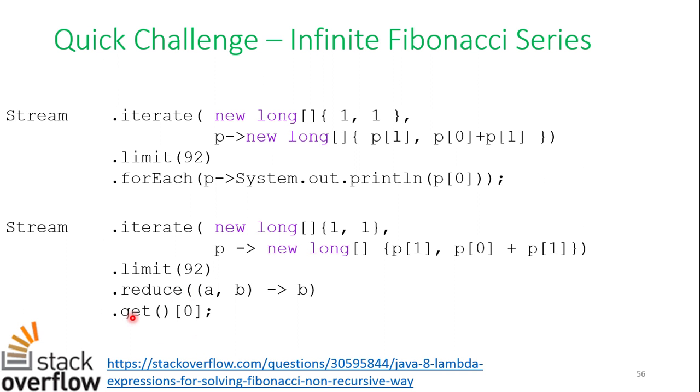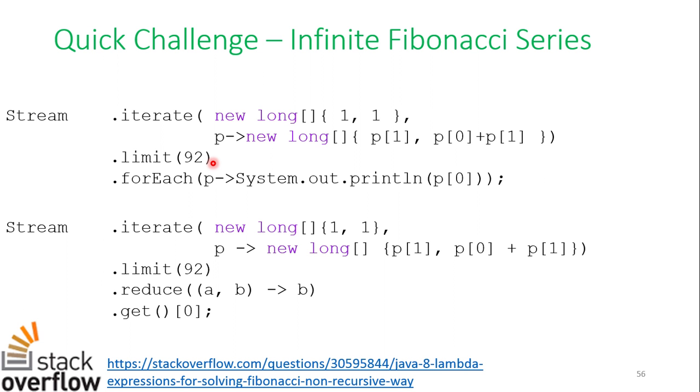And then once we get the last element of our stream, we get its value at index 0, and we are done. So it's again an Optional, so we use a .get, and we are capable like that to give the last value computed. So the limit 92 here means I want the element number 92 of my list of Fibonacci numbers.